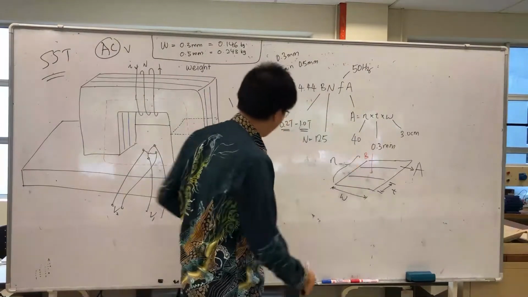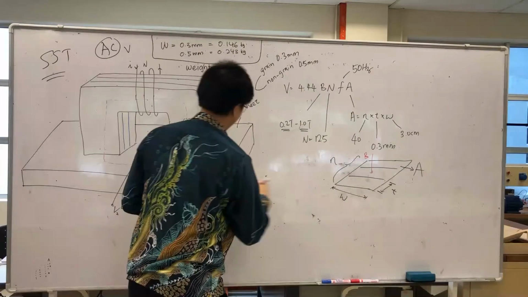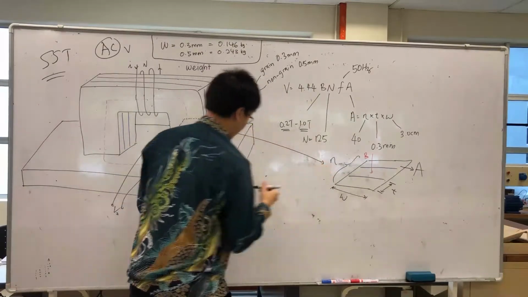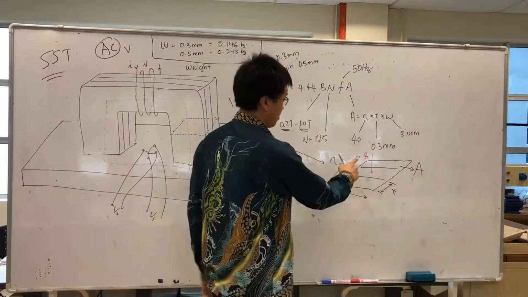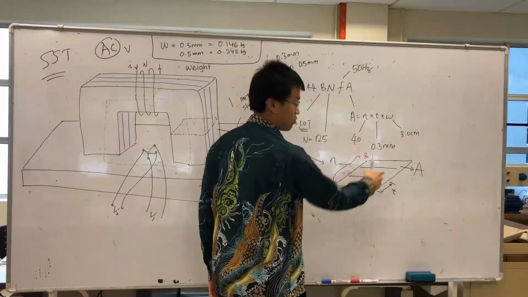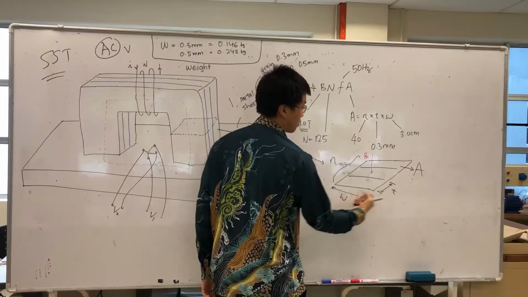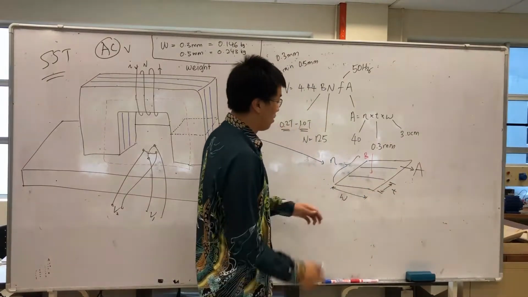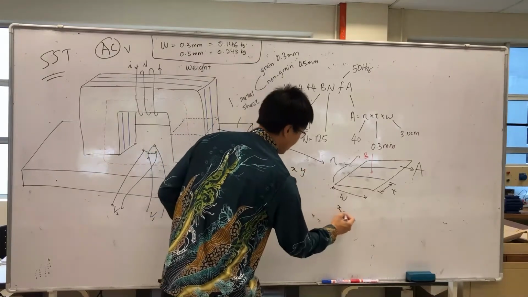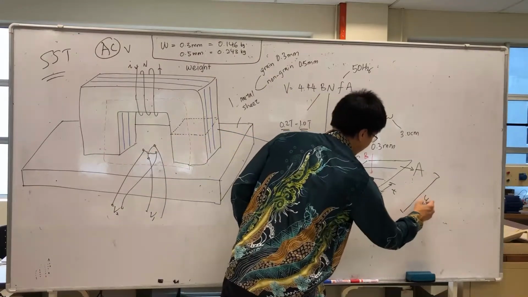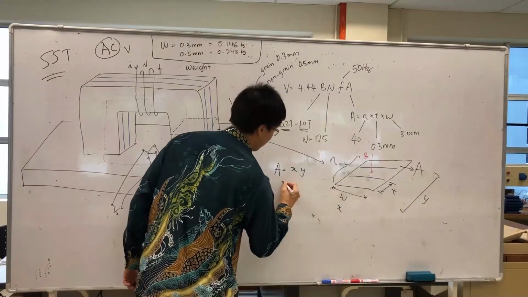So I draw it like this, and then extract it to become like this, and the area will be like this. We need to calculate the area here. The simplest way, if I have an X and a Y, is X times Y. My X is my width.